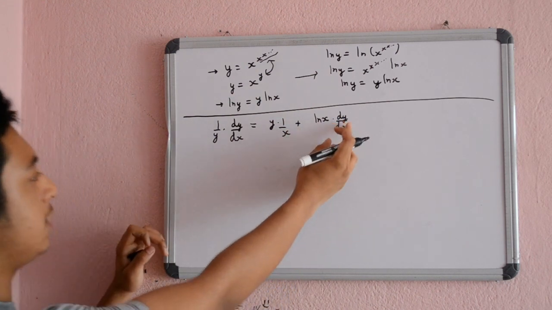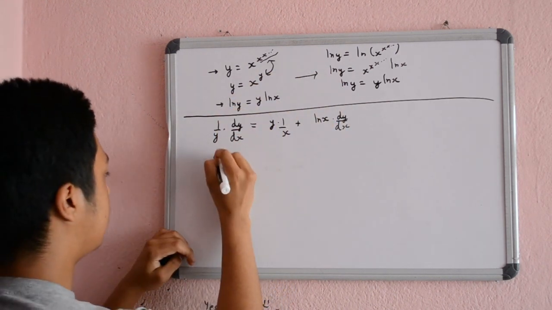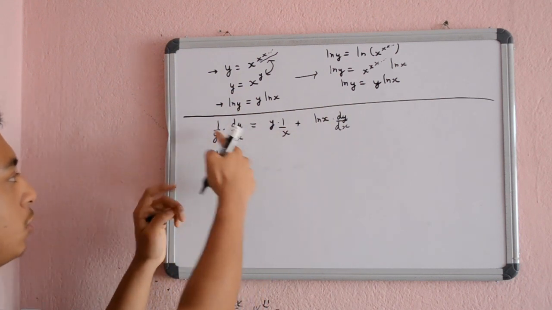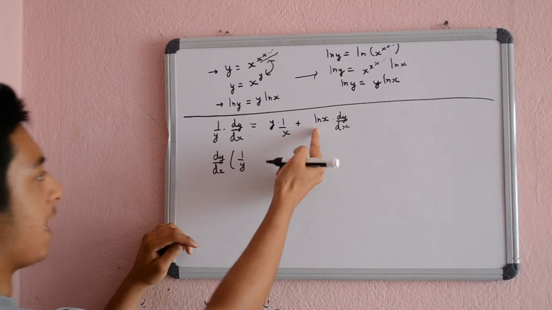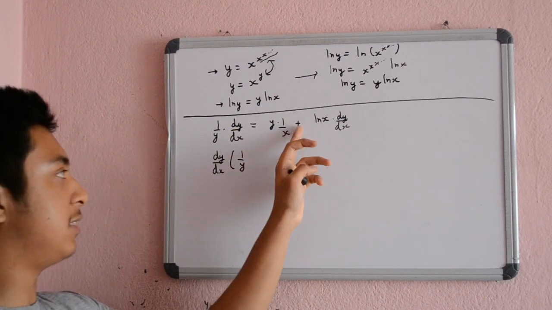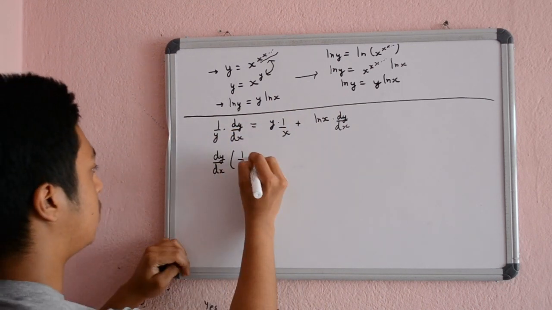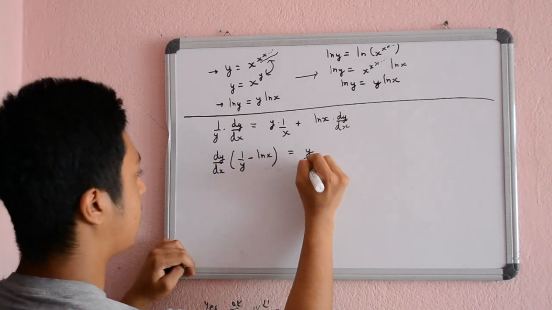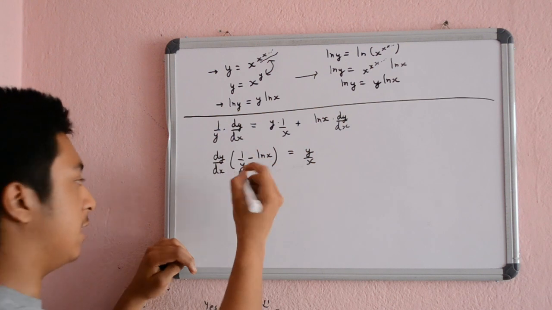So let's just put this on the left hand side. So we'll have dy by dx, and we can take it common. So we'll first have 1 by y, and when this goes there, instead of plus it becomes minus. So we'll have minus ln x equal to y by x. And here let's just isolate dy by dx.